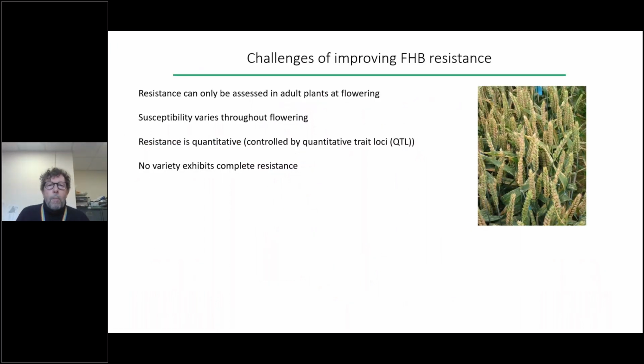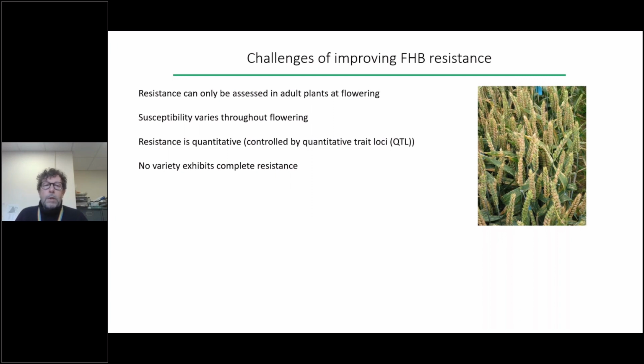There are a number of challenges to improving Fusarium resistance, and in the UK our varieties tend to be extremely susceptible. These issues arise because of the interactions between environment and host susceptibility. Resistance can only be assessed in adult plants at flowering. It's a head blight after all.